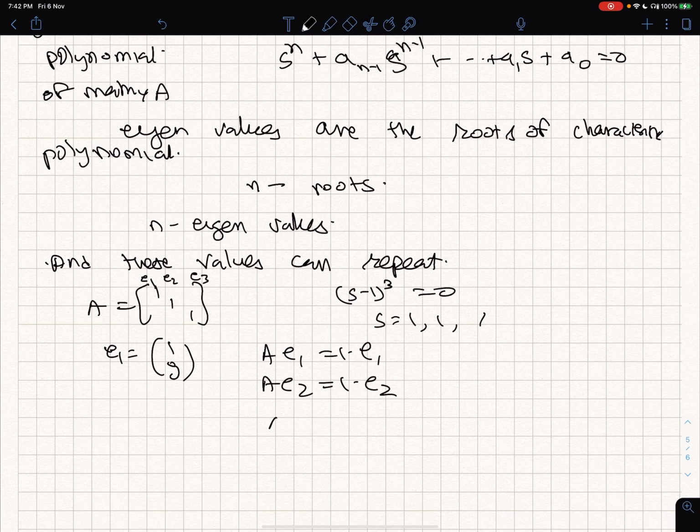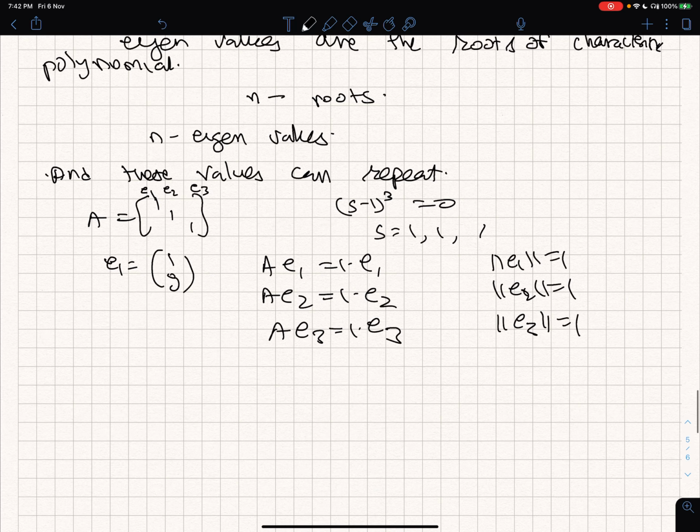These are the first, second and third columns of the identity matrix. Each of them is an eigenvector, and the second norm of each of these eigenvectors is 1. In general, whenever I say eigenvalue and eigenvector, I assume that its length is 1. Why?